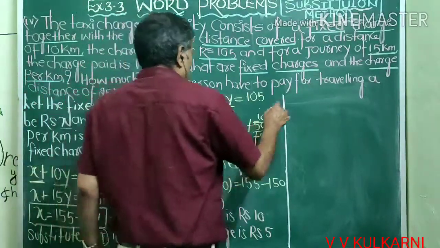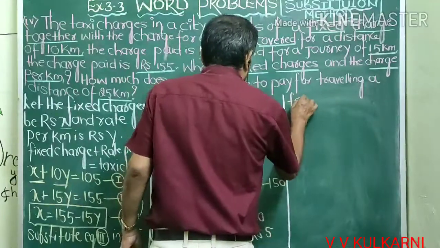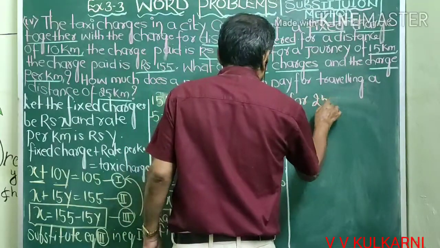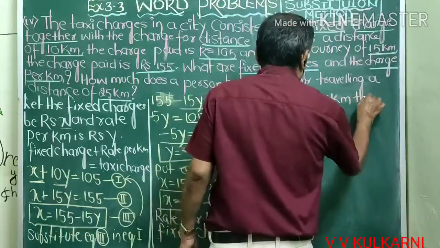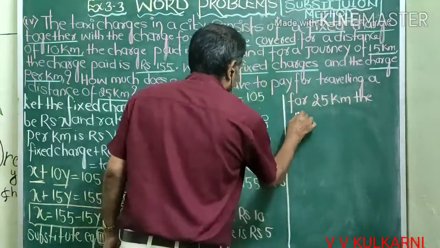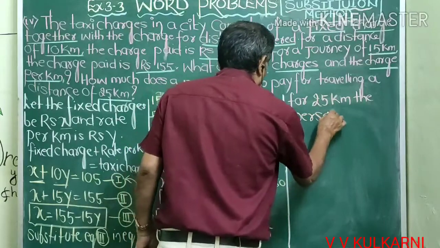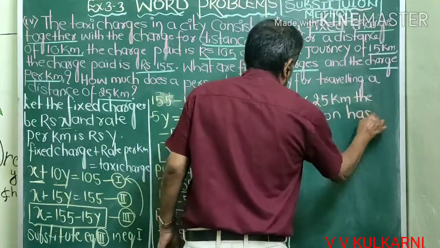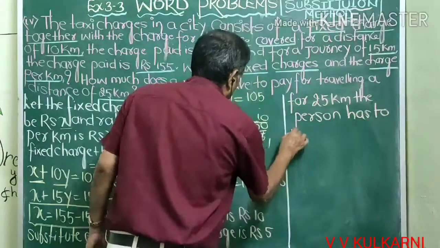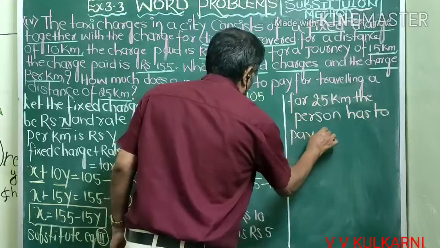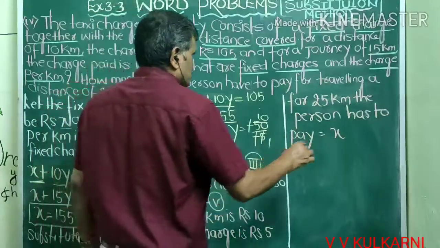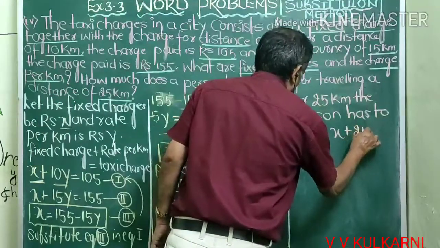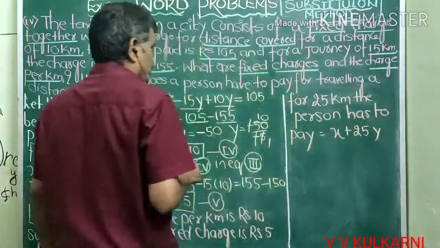So for 25 kilometers, the person has to pay x fixed charge plus 25 into y, the rate per kilometer.